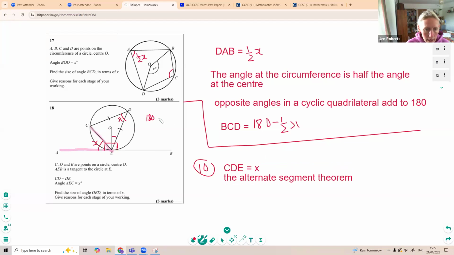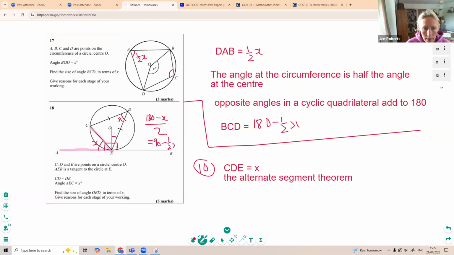So 180 take away x divided by 2 gives you the angles DCE and DEC. That just simplifies. If I divide both of those terms by 2, you get 90 minus half x.